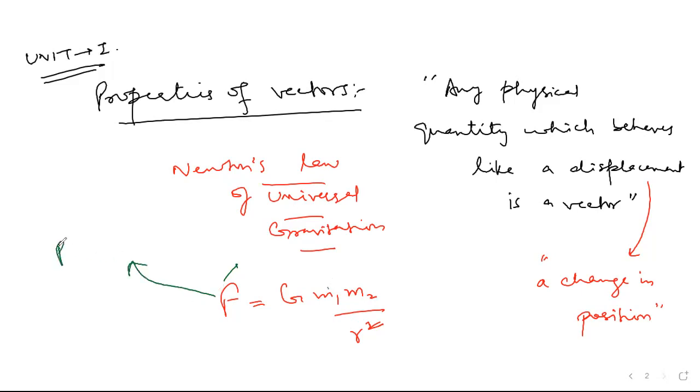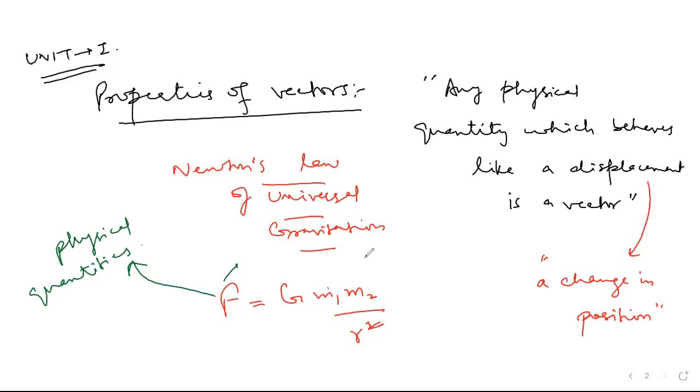So force is a physical quantity, mass is a physical quantity, distance is a physical quantity. So sometimes we say physical quantities are building blocks of physics because we study laws of nature in physics, and laws we express in the form of an equation. Equation contains variables, and those variables are physical quantities.